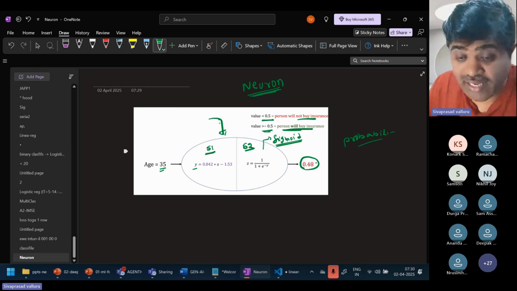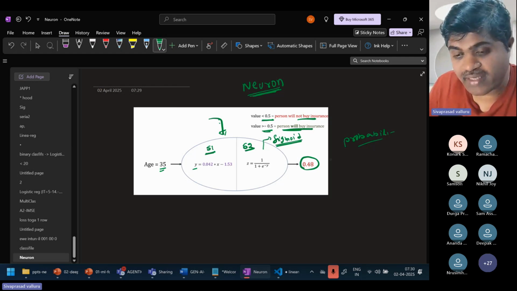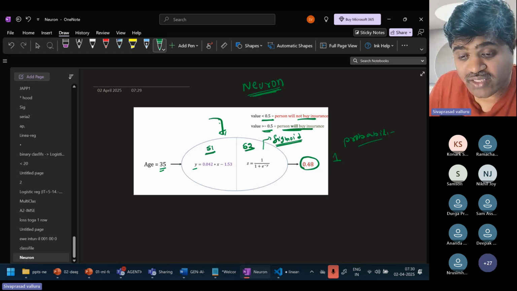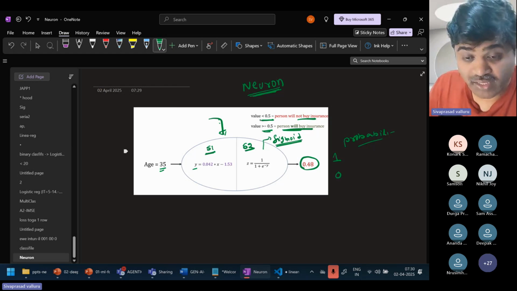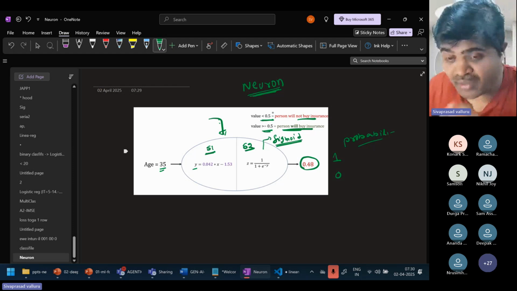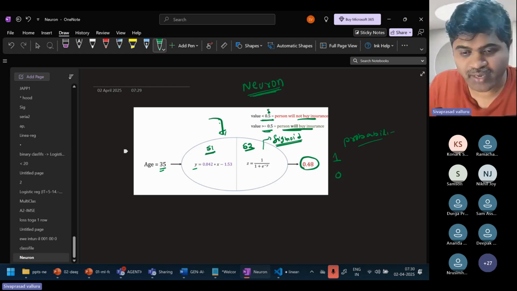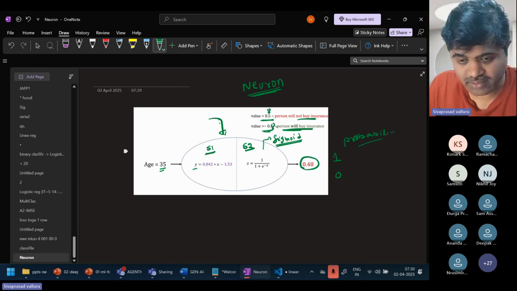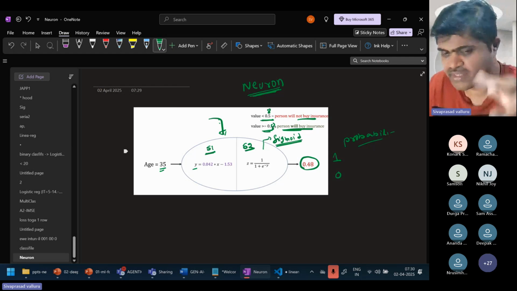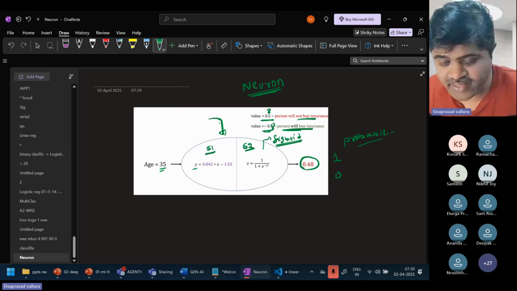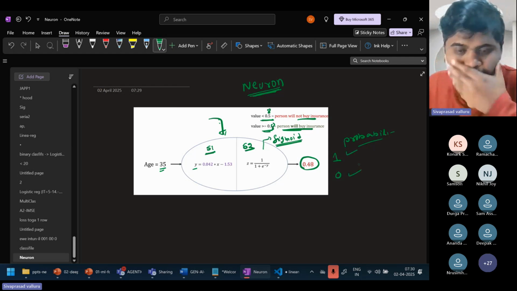So I'll convert these probabilities into either 1 or 0 based on my logic. This 0.5 is not a standard; you can use 0.8 if you want in your use case. Based on some value, you will categorize it as either 1 or 0.